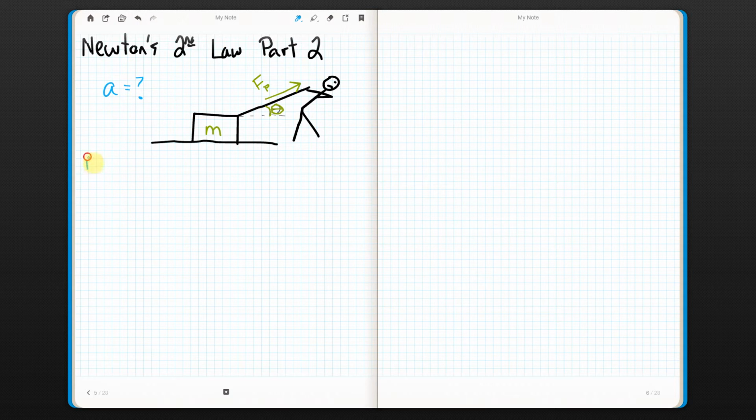Okay, so step number 1 was the free body diagrams. Luckily for this one we only have one object, so we're only going to need one diagram. Here's my object. It has a mass of m. I'm not giving you numbers. We're going to do this as generally as we can.